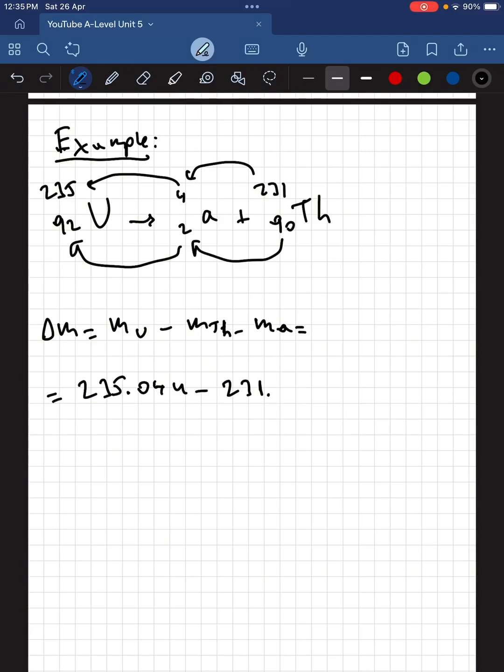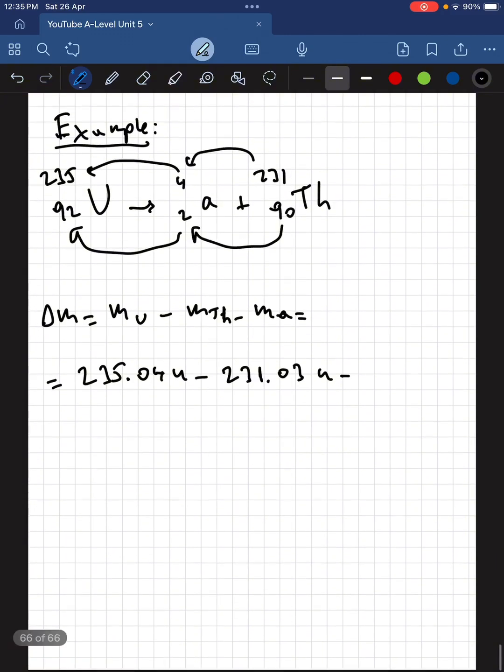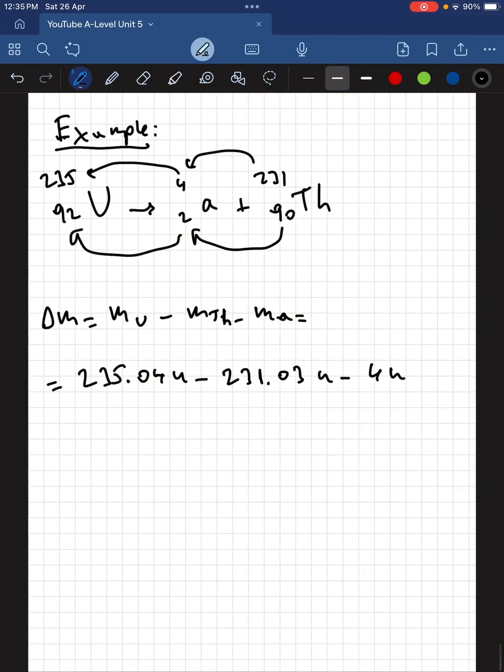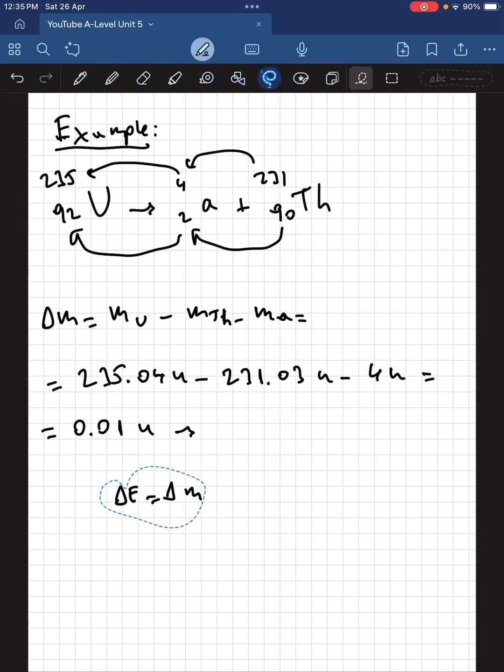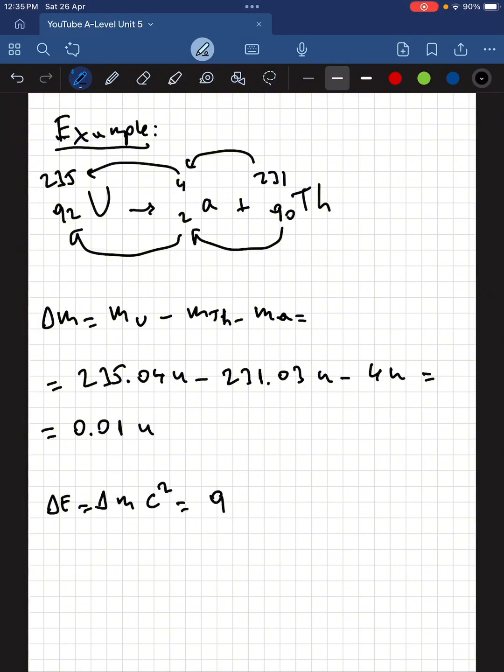Minus the mass of the thorium, 231.03, minus the mass of the alpha particle, which we will take as 4 u. So we get 0.01 u, which translates to, actually, let me bring this down here. Okay, delta m c squared gives me 9.33 MeV.